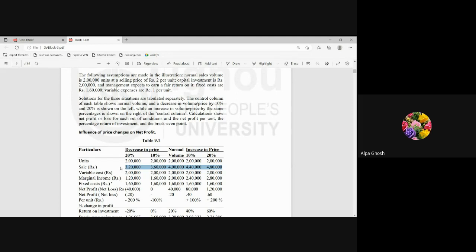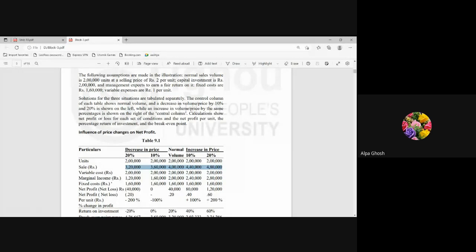First case, it is 20%. 20% of 4 lakh is how much? 80,000. So 4 lakh minus 80,000, your sale amount is rupees 3 lakh 20,000. Same way, in the second case, it is a 10% decrease. 10% of 4 lakh is 40,000. So 4 lakh minus 40,000, the sale amount is 3 lakh 60,000.